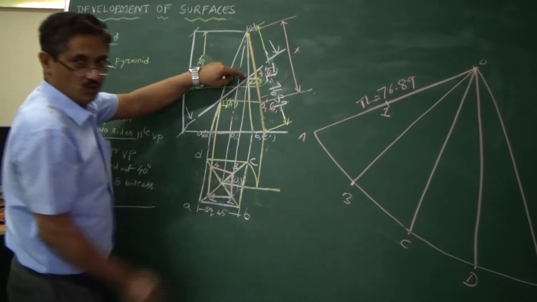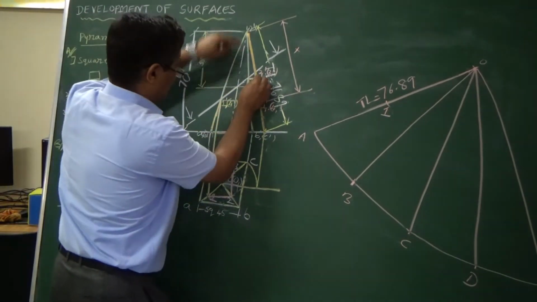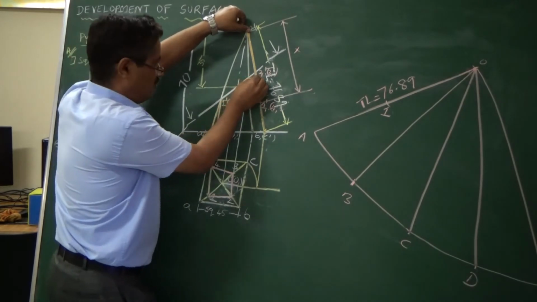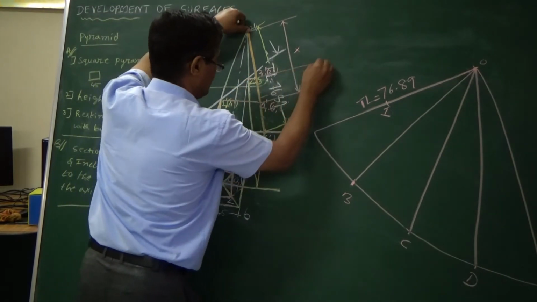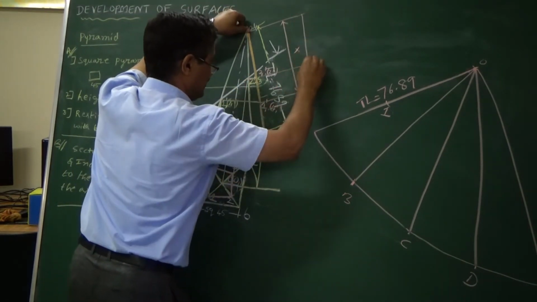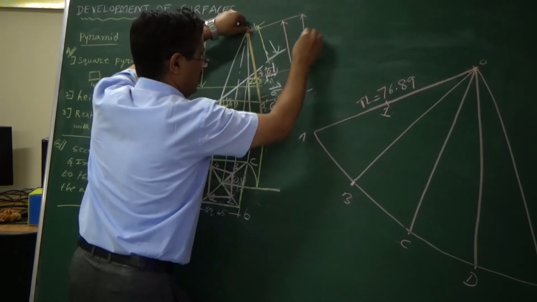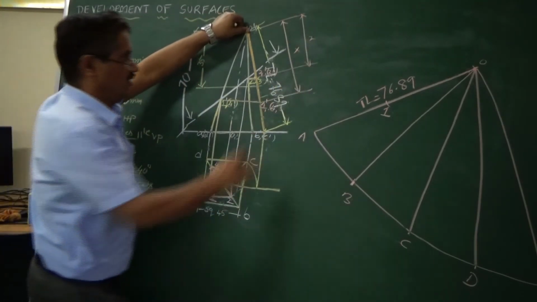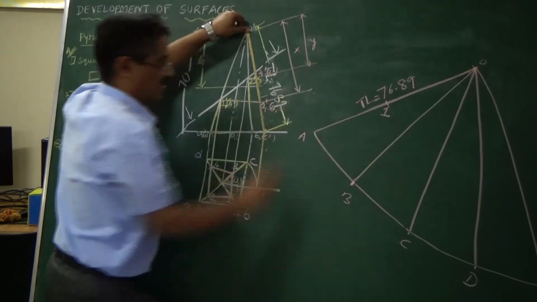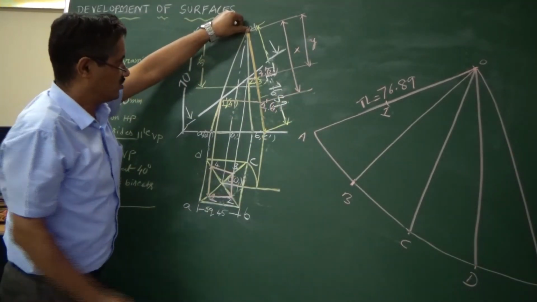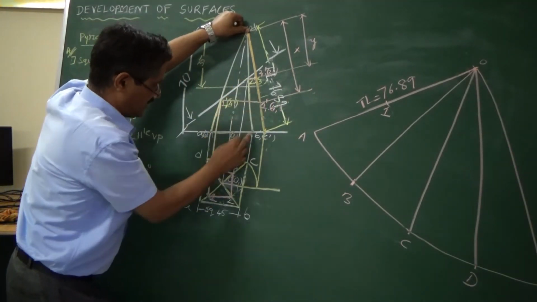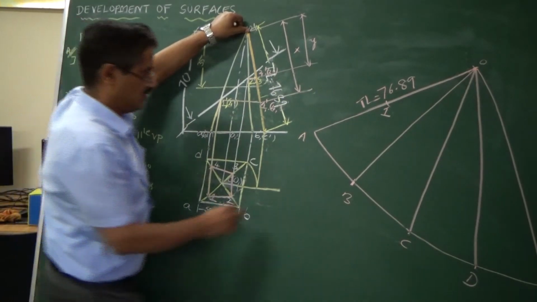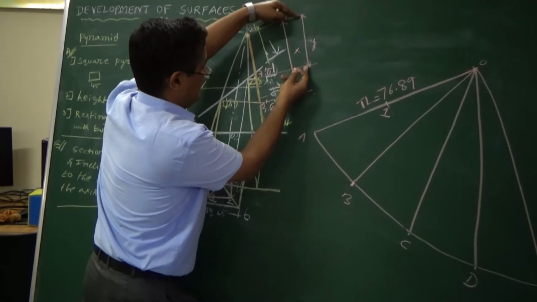Next I have to go to 2. 2 distance is this and this now. So, when you measure this and this gives me a 2 distance. Marking for the point 2 this is. So, whatever the distance is there, let me call that as Y. So, Y now 2 is on which line? B. So, 2 is on B. So, take this distance.